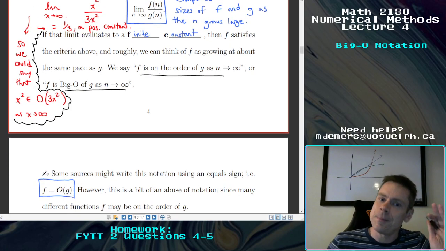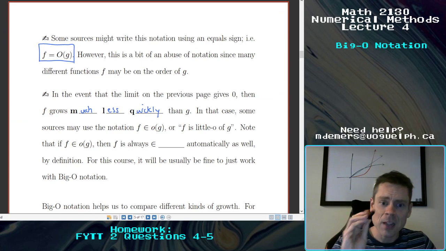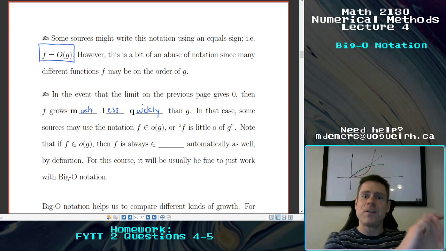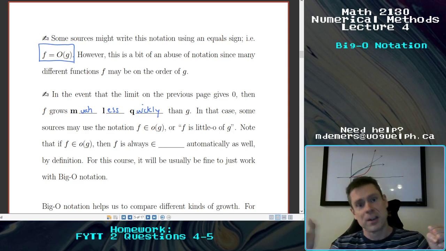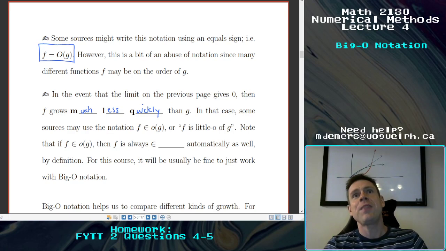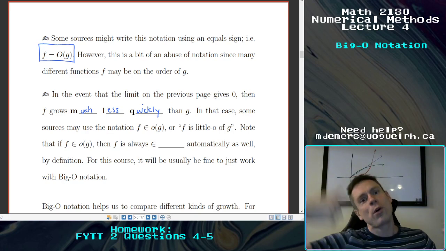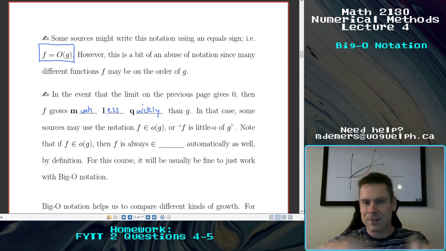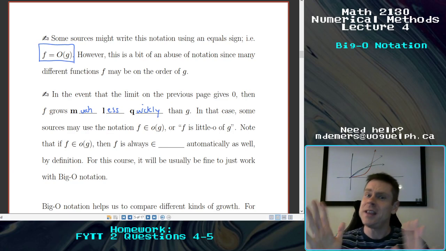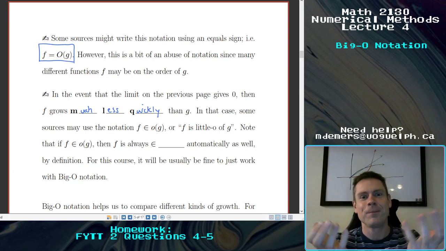And so there's a couple of different things that we can say about this. First of all, for one function to be on the order of big O of another function, you want to think of it as saying the first function grows no more quickly than the second function. Which means that it could grow much less quickly, or it could grow at about the same rate, or having about the same sort of behavior.